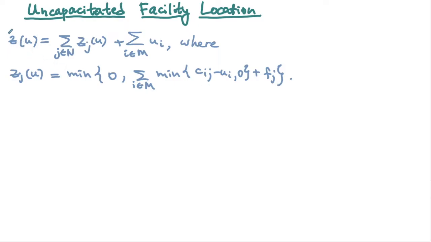Okay, we obtained this expression for the Lagrangian dual objective of the uncapacitated facility location problem. Let's illustrate it using a numerical example. Consider n equal to 4, m equal to 6. So we have 4 facilities and 6 customers, and the matrix C of cij's is given by the following.